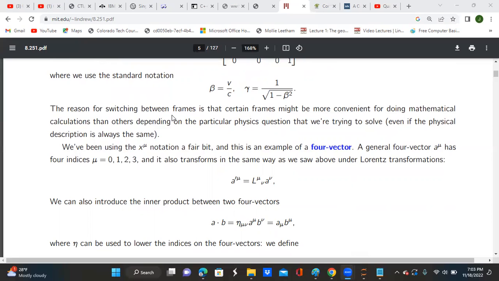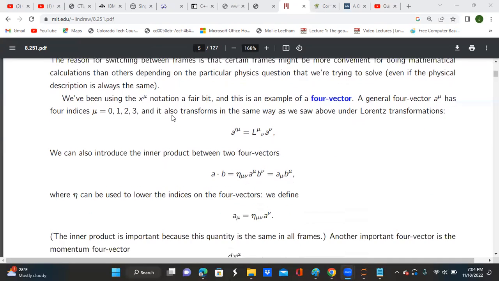We've been using the x^μ notation a fair bit, and this is an example of a four-vector. A general four-vector, A^μ, has four indices, μ equals 0, 1, 2, and 3. It also transforms in the same way we saw under Lorentz transformations. So A'^μ equals Λ^μ_ν A^ν.